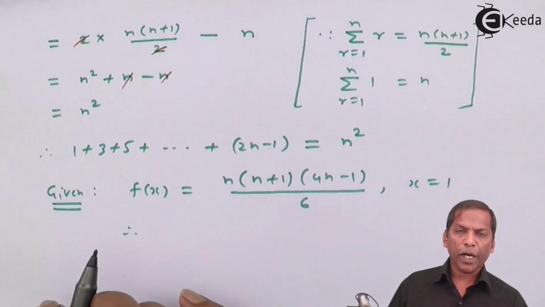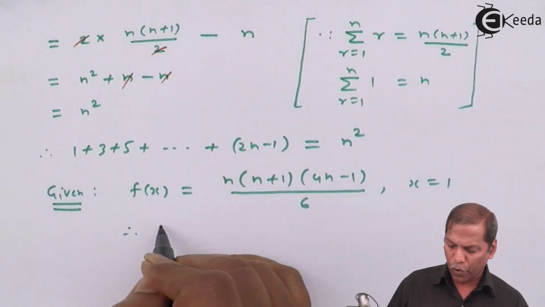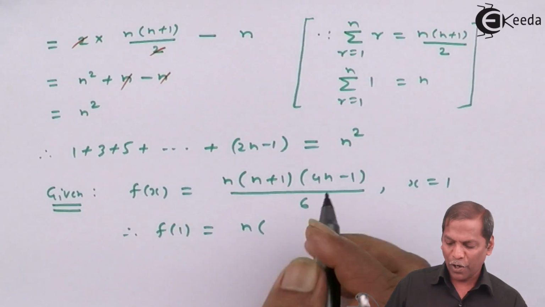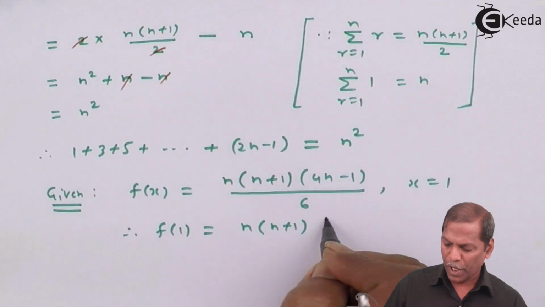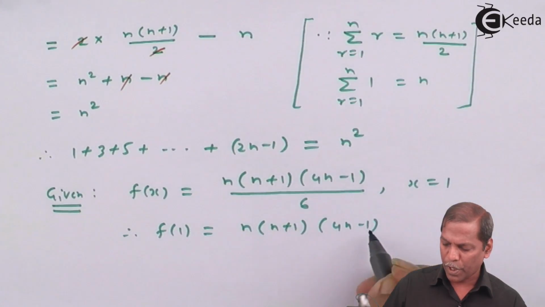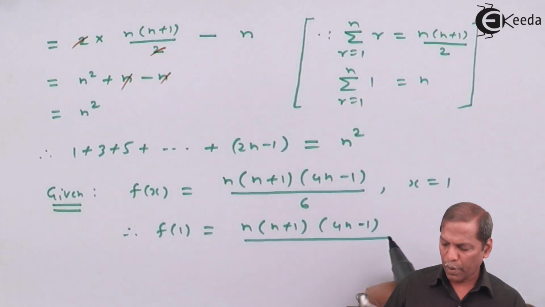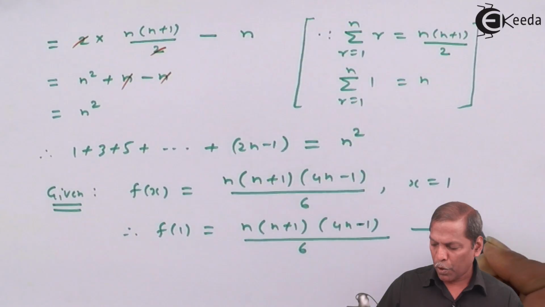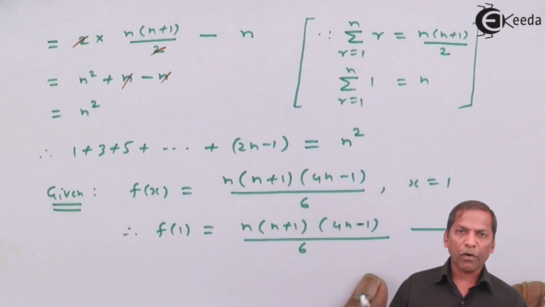It means whenever x we have to put 1, and therefore f of 1 is equal to n into n plus 1 into 4n minus 1 and whole thing divided by 6. Let us denote this as equation 1.